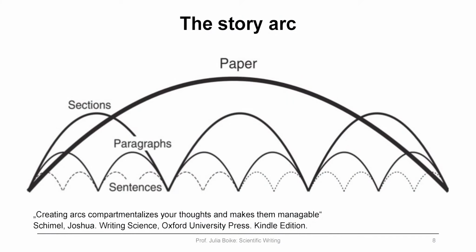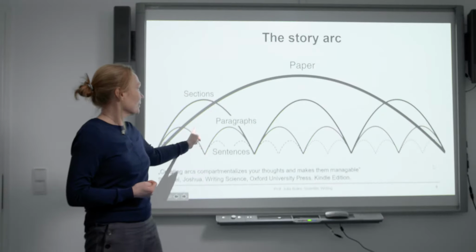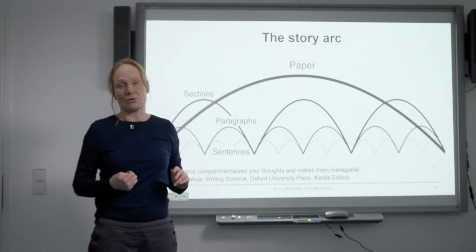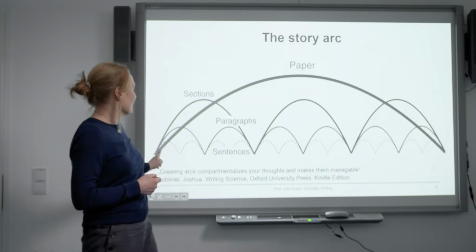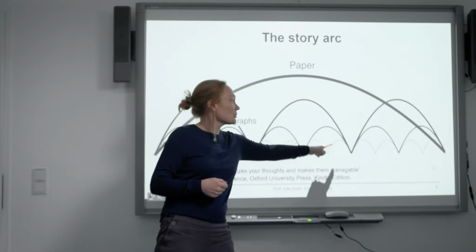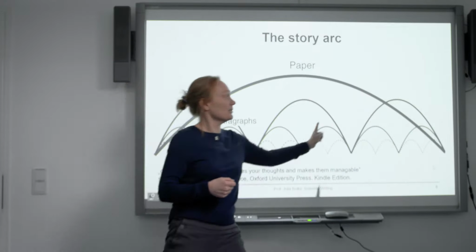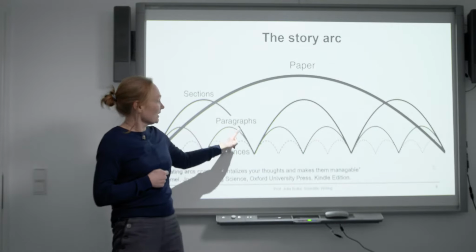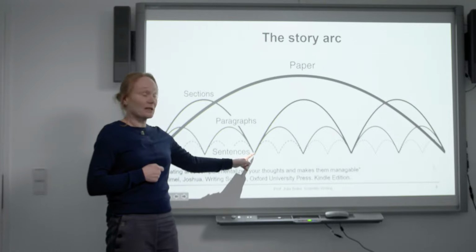The story arc of a paper can be looked at as many arcs, or Russian dolls, that fit into each other. The entire paper would be one big story arc. Then you have the meso-sections, which I described before, which could be your introduction, your method, and your results. Note that each of these sections starts and ends, and then starts again.